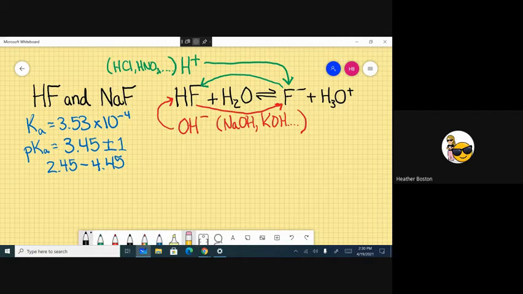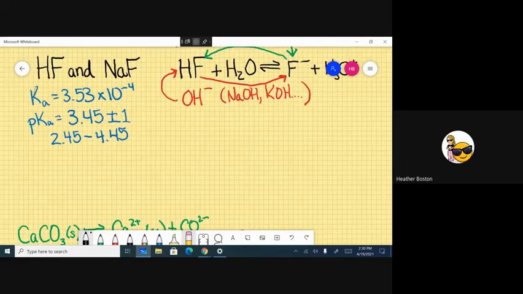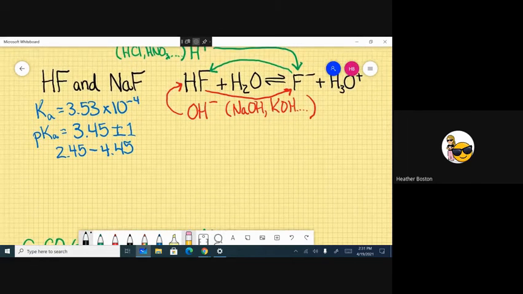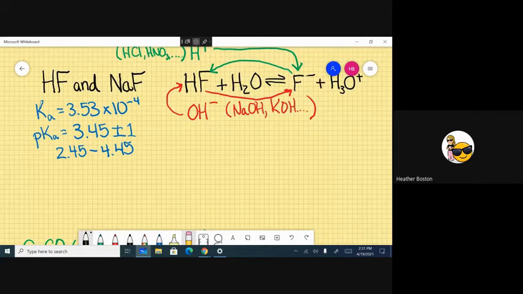Now let's talk about basic buffer solutions. Those would be made from a weak base and a salt of its conjugate acid. So NH3 will act like a base and accept a proton, which is an H plus. So NH4 plus, or the ammonium ion, would be its conjugate acid.